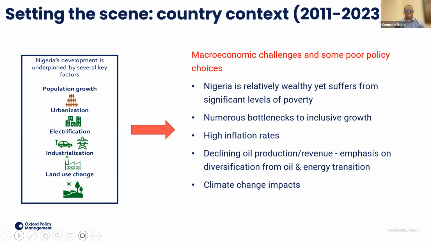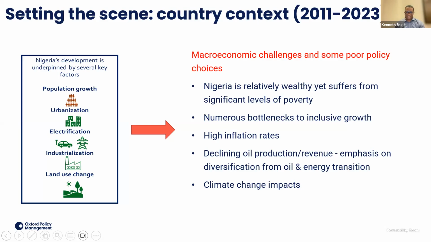Population growth rate is about 3.75 at the last count. It also has a large rate of urbanization and changing use of land. As I said, it's a resource-rich country, and that is also set with a few macroeconomic challenges and some policy choices which have been challenging.